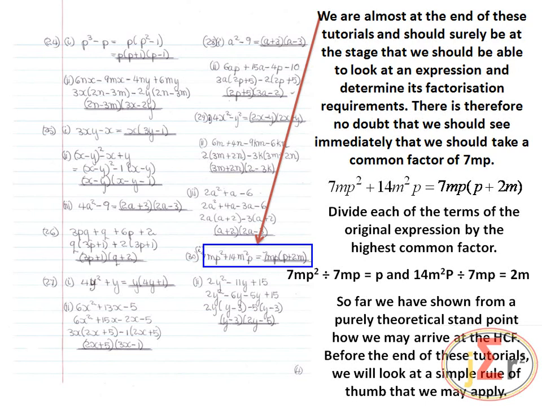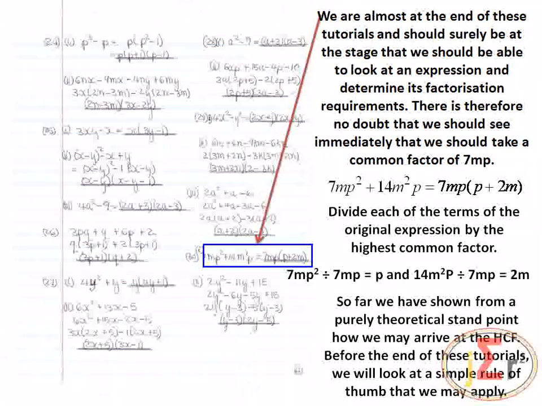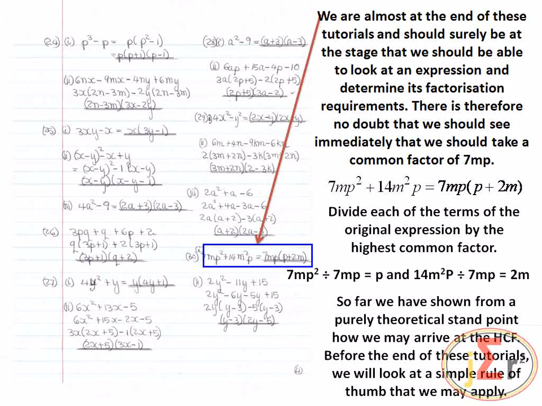So we will take a simplified look at the way that we may arrive at our highest common factor, because we have taken what I would consider to be a somewhat highly theoretical approach, but we will make use of a particular rule of thumb before these tutorials are through, that one may find a little bit easier for arriving at the highest common factor.